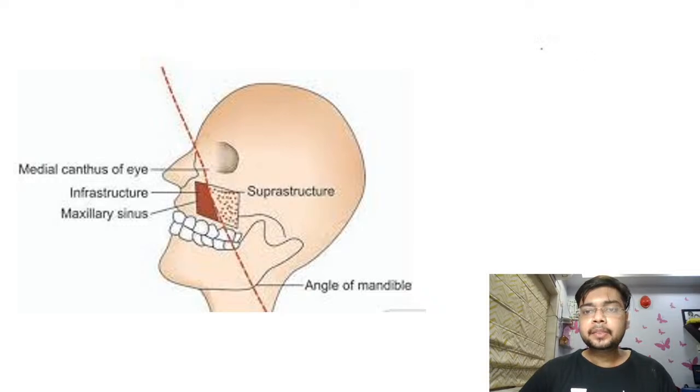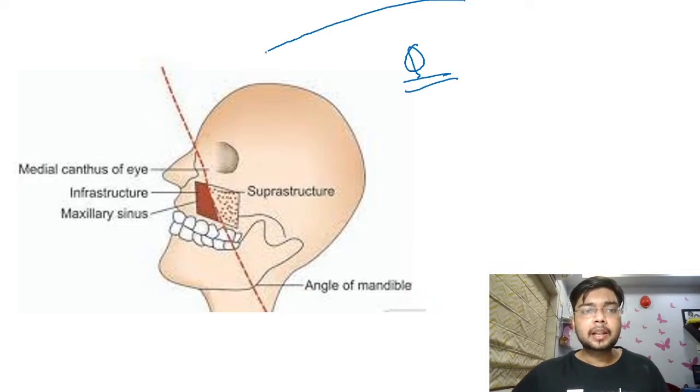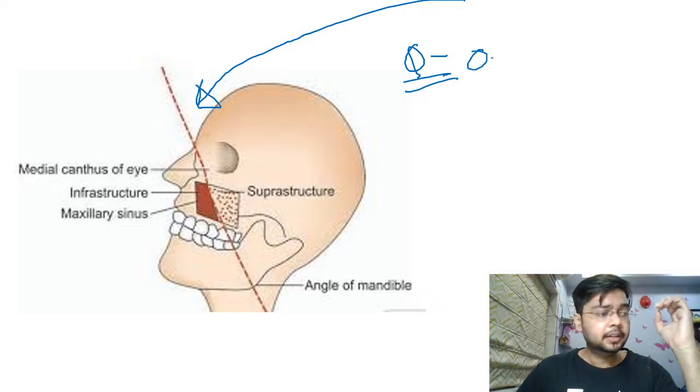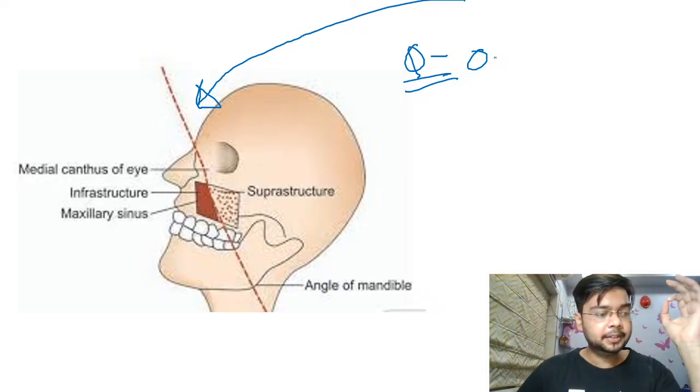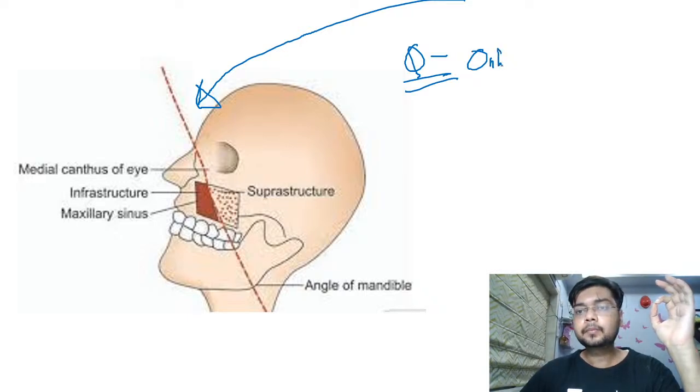So let us see this second image and what this line is denoting. Yes, you are right, this is Ohngren's line, right?